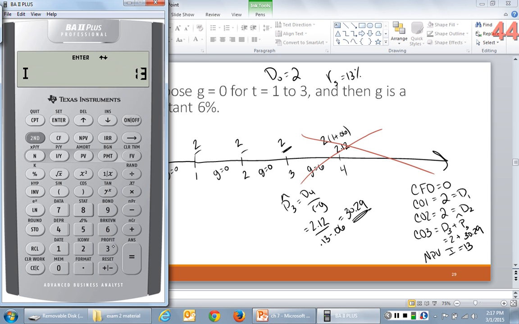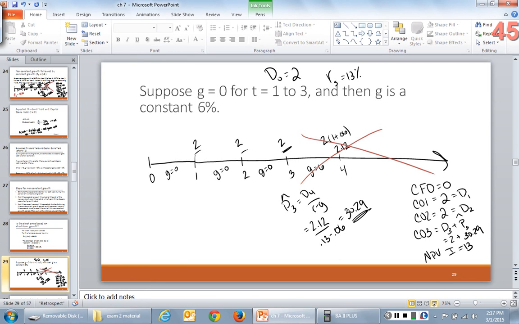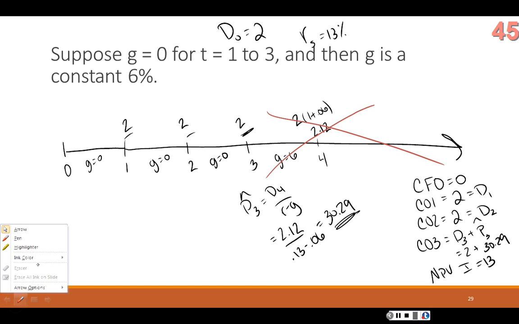Enter in our discount rate, our required return of 13%. Enter. Down arrow. And compute. To give us $25.71. So this stock today is worth $25.71.